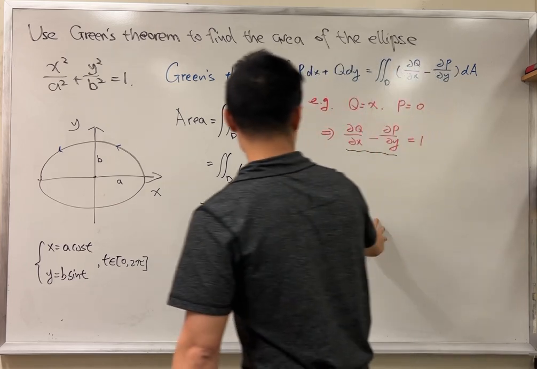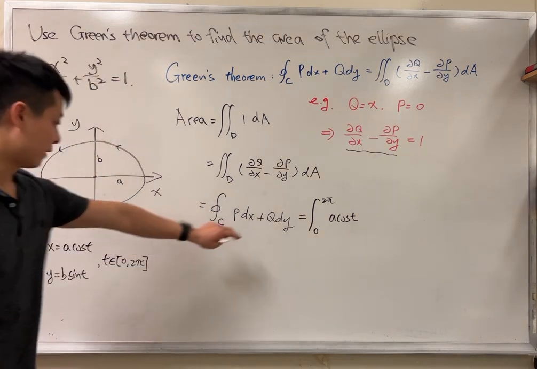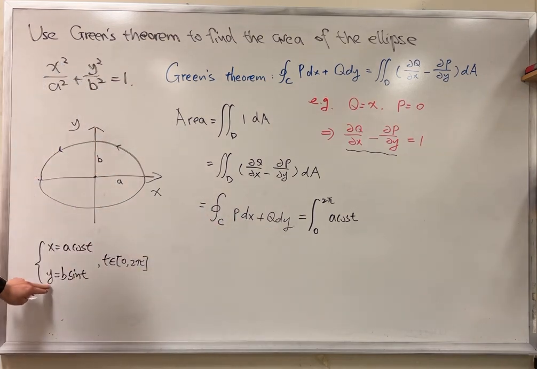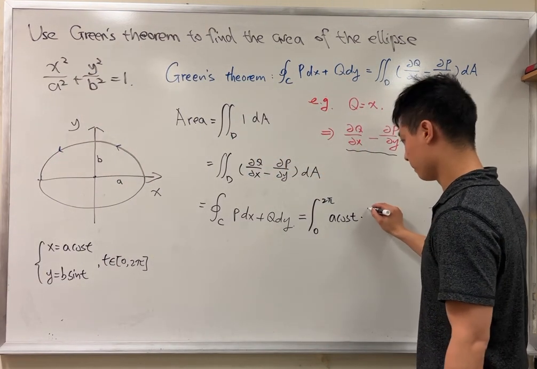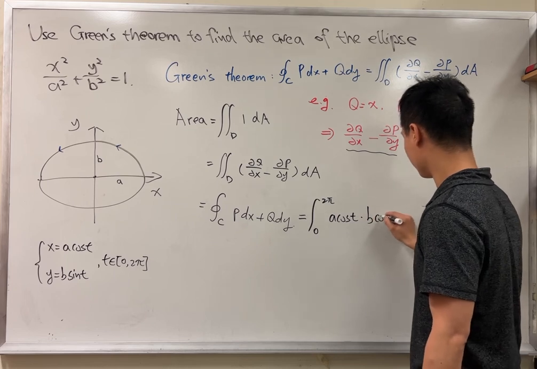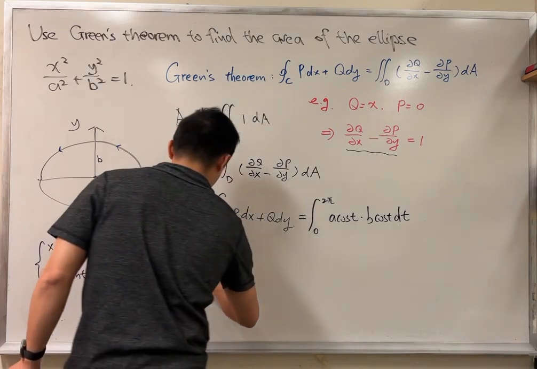And then we're going to write out dy. What is this dy? To find this dy, we're going to take a look at this: y equal to b sin t. So we know that dy is going to be b cos t dt by differentiating this with respect to t. So there's going to be b cos t dt.